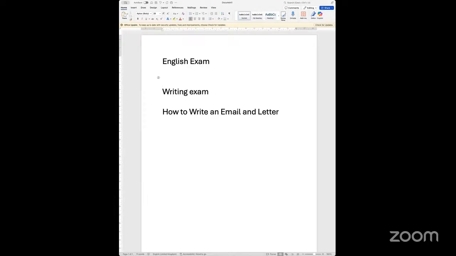That to a certain extent might be acceptable by universities or employers, but in general, the reason why this exam is required is because English is not seen as your native language.